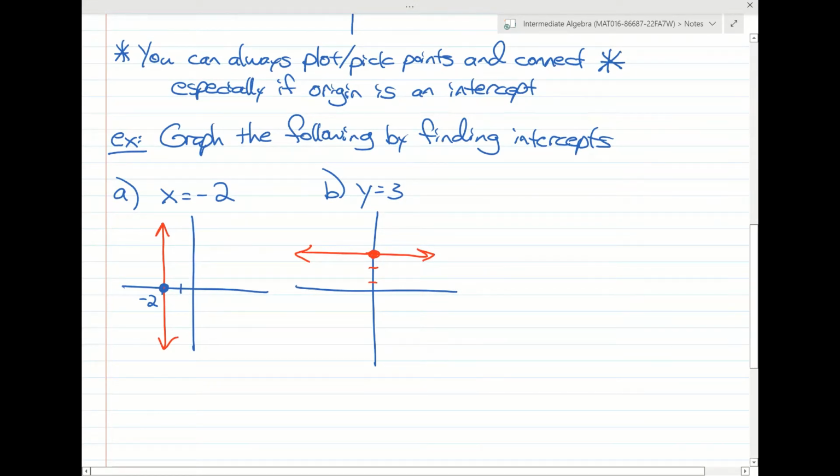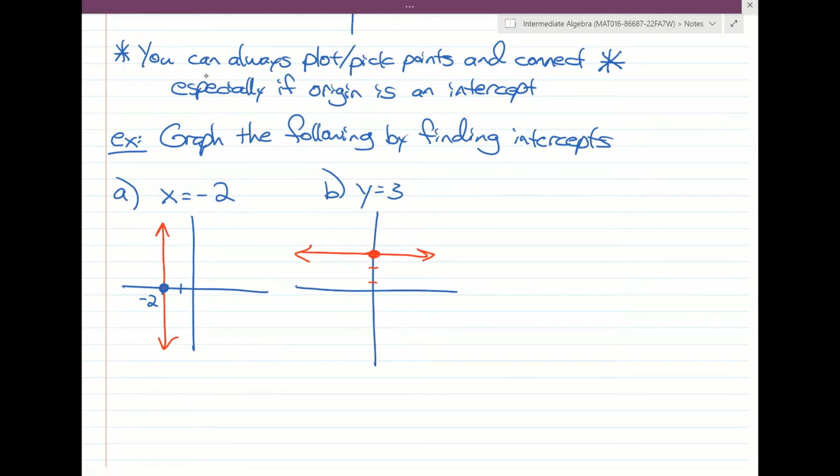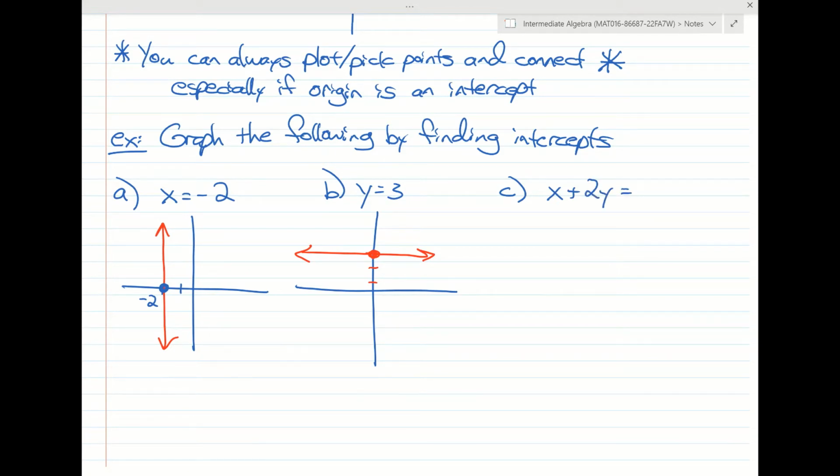Let's take a look at one where we have to find the intercepts. So if we had x plus 2y is equal to 6. The way you get the intercepts is you set the other letter equal to 0.